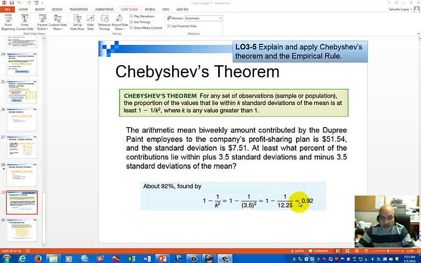So multiply this by 100, and that gives you 92% as the percent of numbers, or in this case dollar amounts, that can be found between 3.5 standard deviations on the plus side and minus 3.5 standard deviations. Let me explain this with another example.